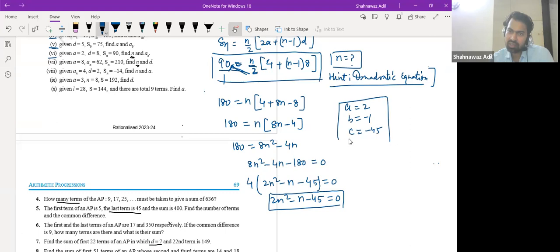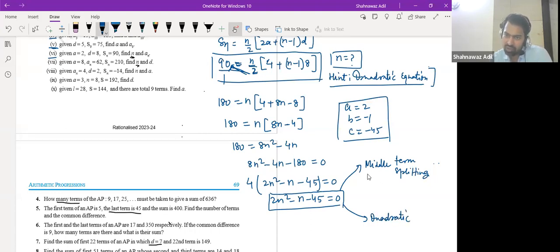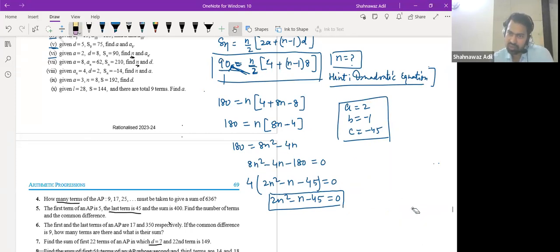This is a quadratic equation, right? We can solve this equation using the middle term splitting, or we can use the quadratic formula. But I'm asking that when I use the middle term splitting, what would be the factors that I should factorize? This is my question.